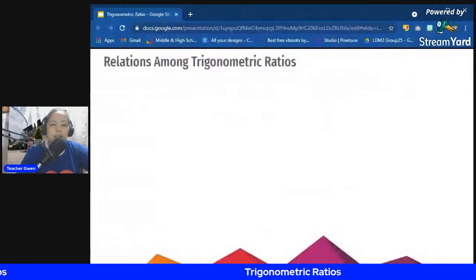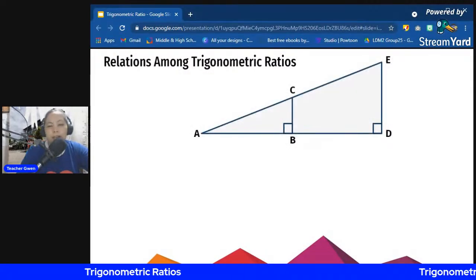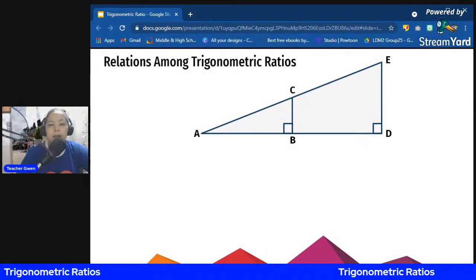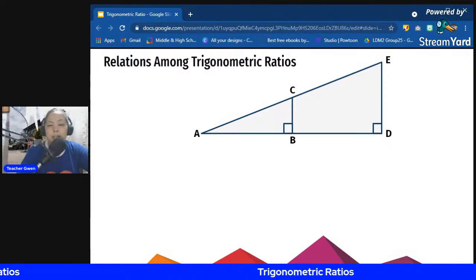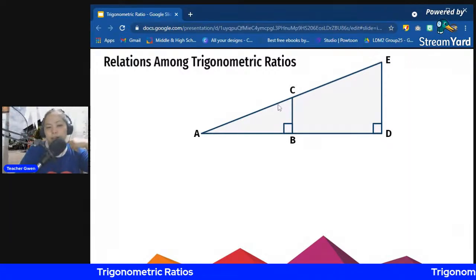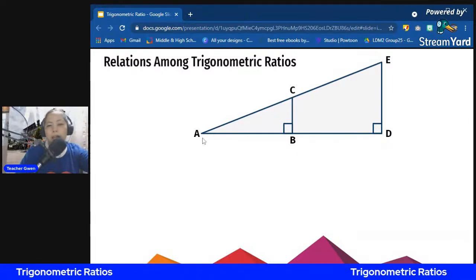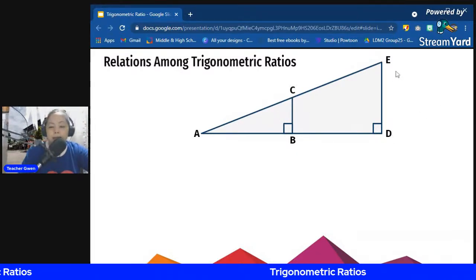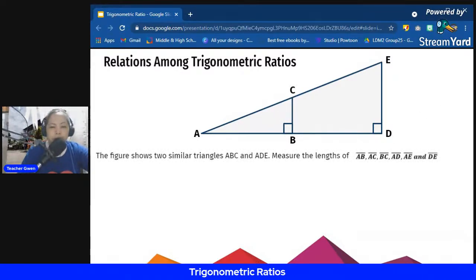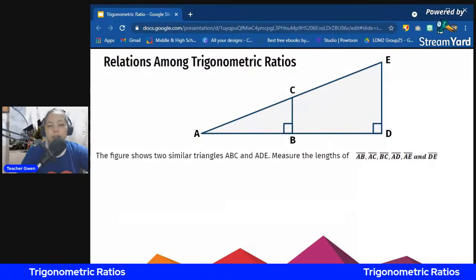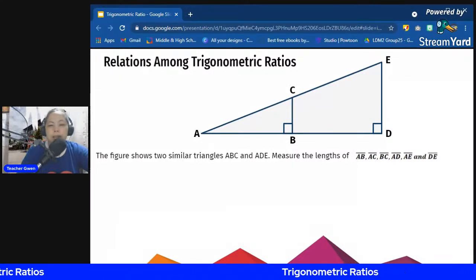Relations among trigonometric ratios. Okay, so we have here similar triangles. We have two triangles here, triangle ABC and triangle ADE. The figure shows two similar triangles, ABC and ADE.